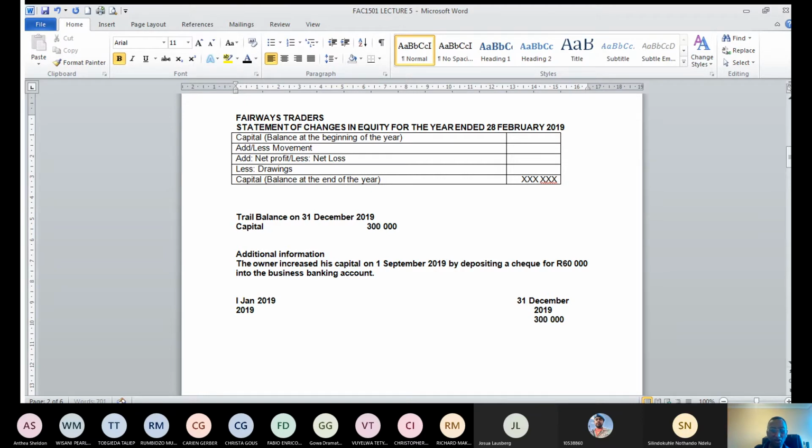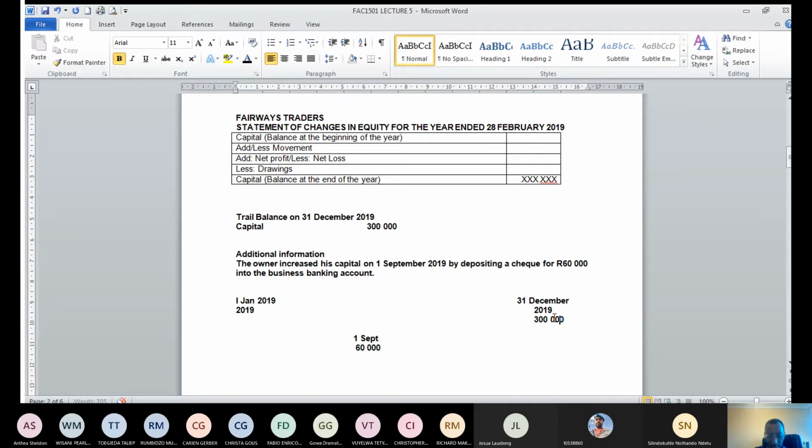Now, during the year, there was a transaction, and the transaction stated that on the 1st of September, the owner increased his capital and he has given an additional amount of 60,000 rand.